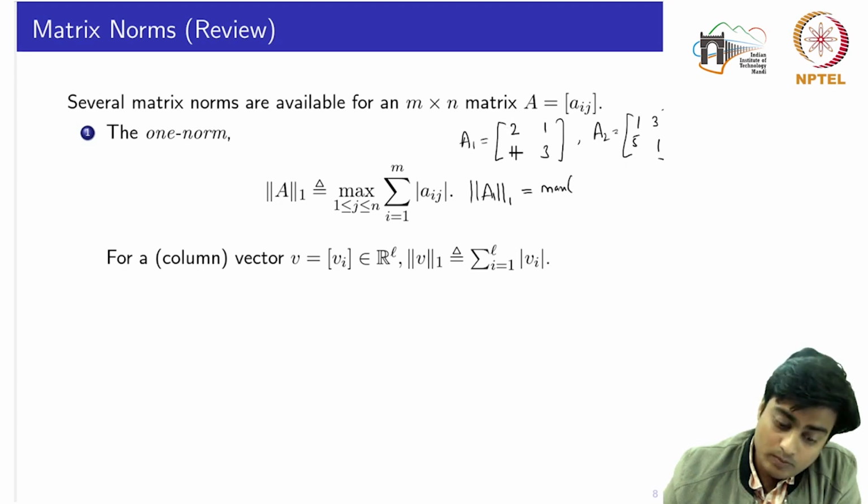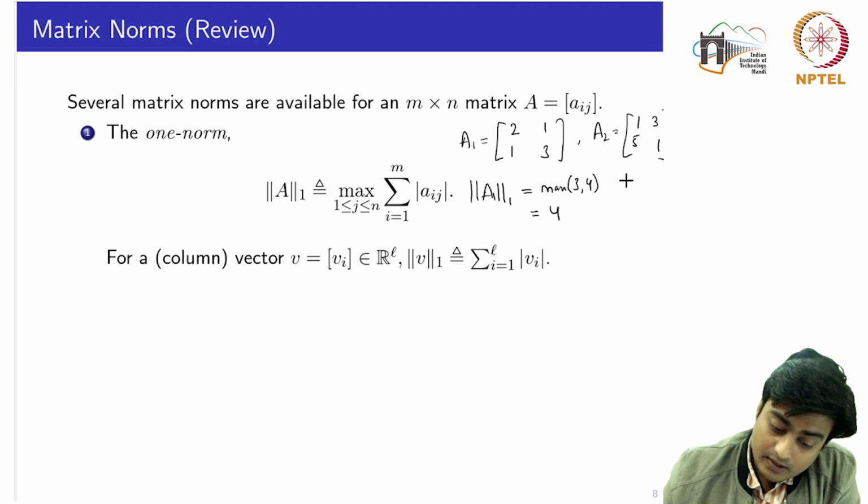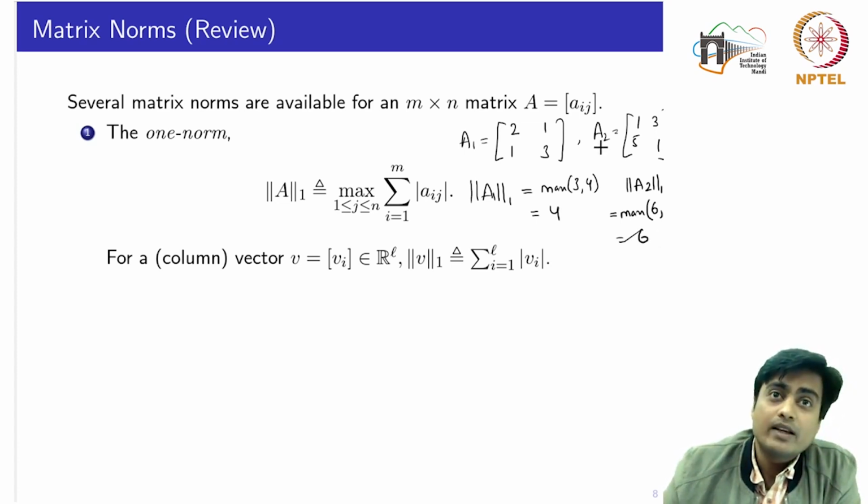So the sum is 2 plus 1 is 3 and 3 plus 1 is 4, and the value is 4, right? Now similarly, if I want to compute the norm of this matrix A2, it would be given by the maximum of 5 plus 1 is 6 and 3 plus 1 is 4, so the number is 6. So here I know that the size of the matrix A2 is greater than the size of the matrix A1.